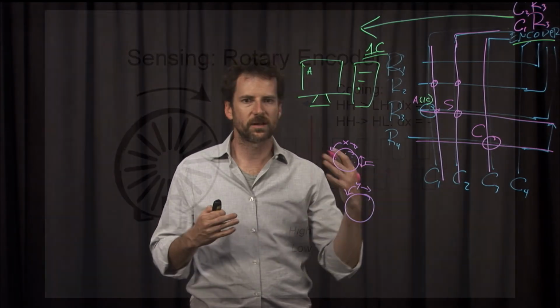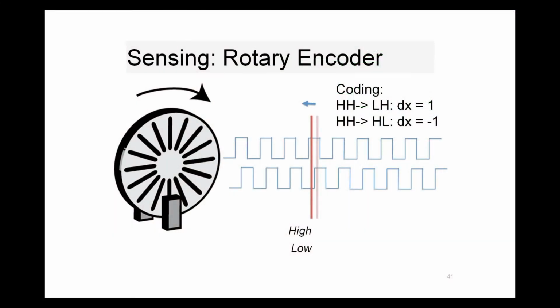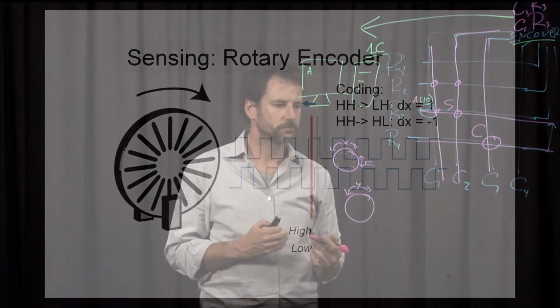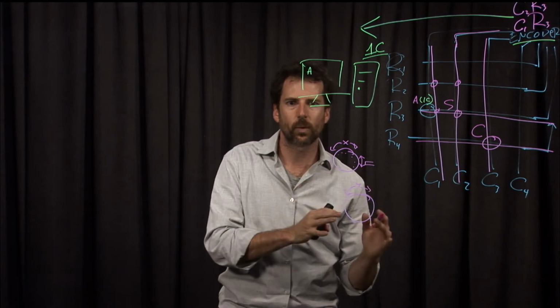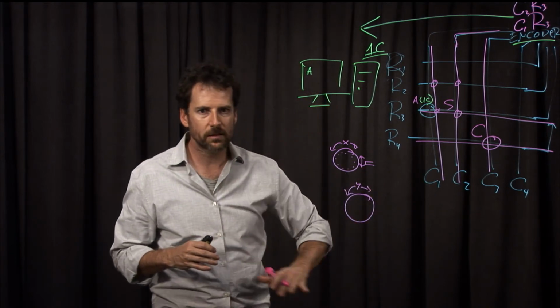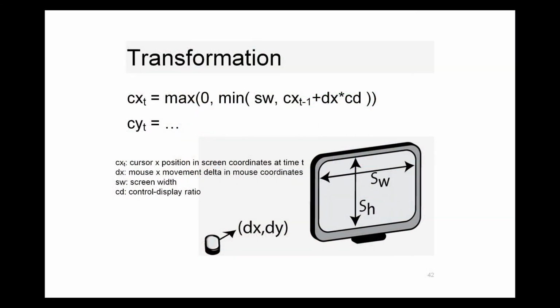By contrast, if we go the other way, we go from low, high to high, high, we're going in the other direction. Holy cow, now we have the ability, both in X and in Y, to be able to take our analog motions on a surface and turn those into digital movements. That lets us now control a pointer on a screen.